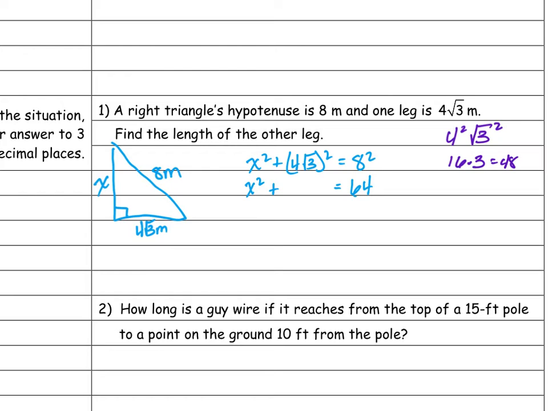Okay. So that's 48. So minus 48, minus 48. x squared equals 64 minus 48, which is 16. Lovely. And then square root them.